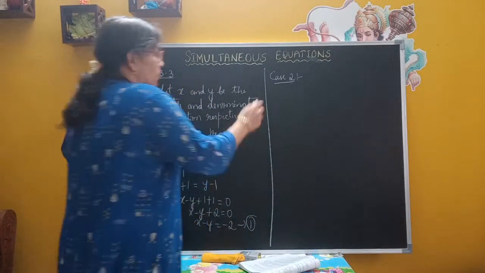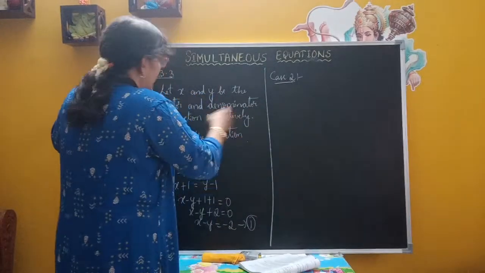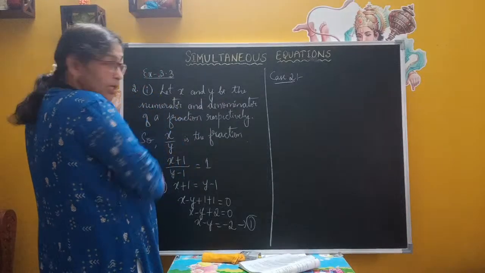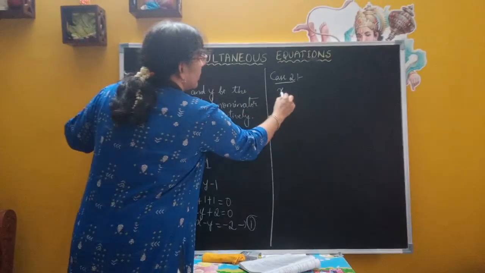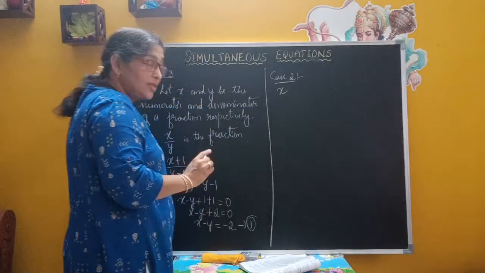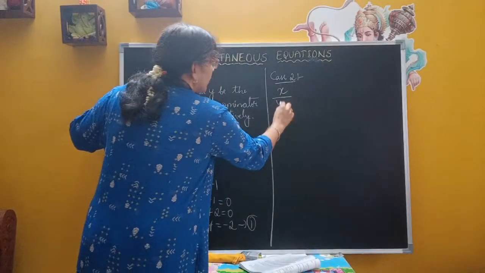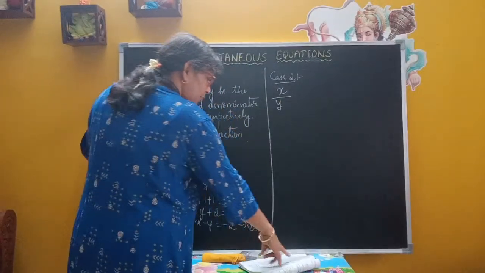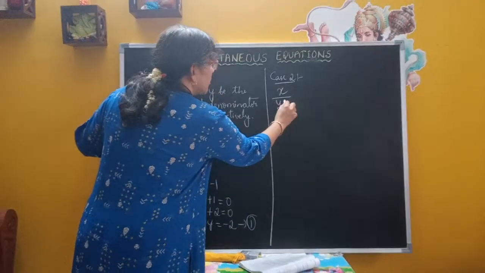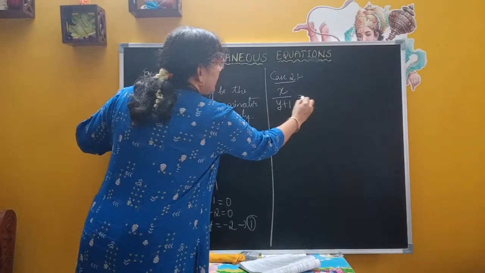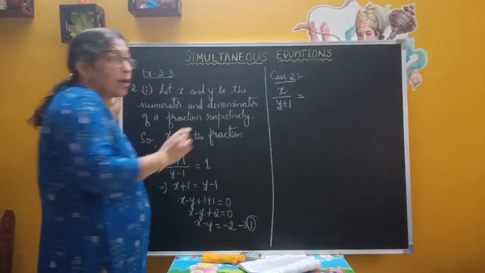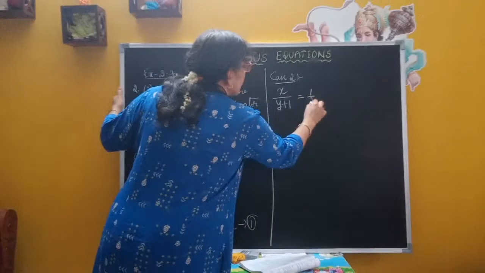So let us write, original fraction is x by y. Let us keep the numerator as it is, x itself, and here y plus 1. If we add 1 to the denominator, so y plus 1, what does it become now? It becomes half or 1 by 2.